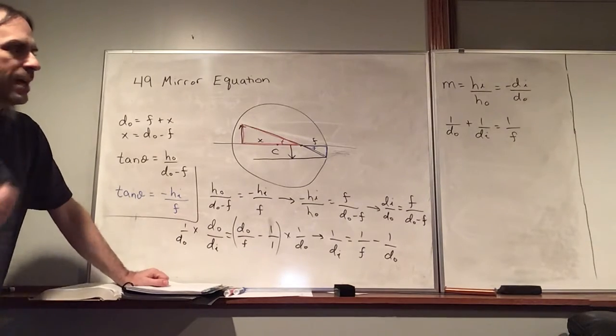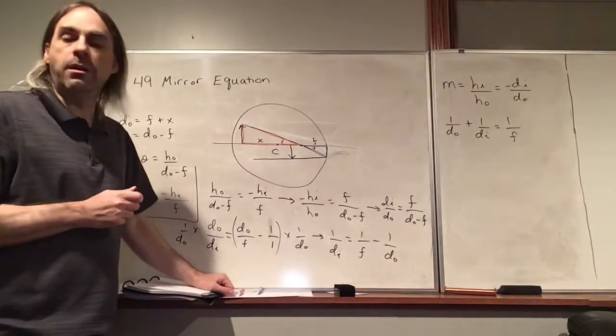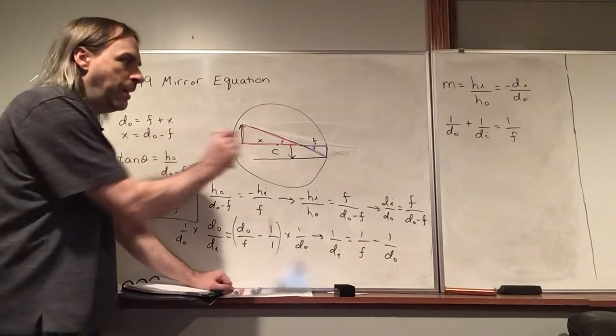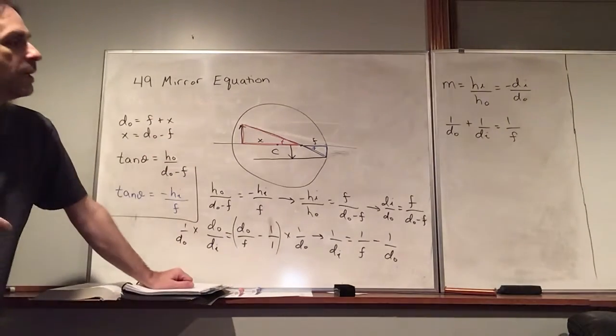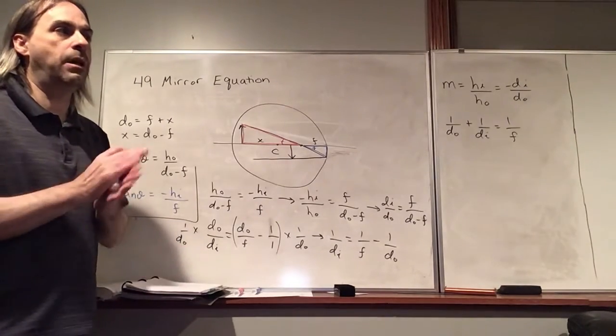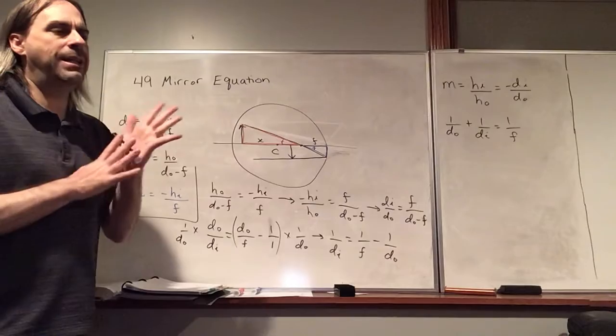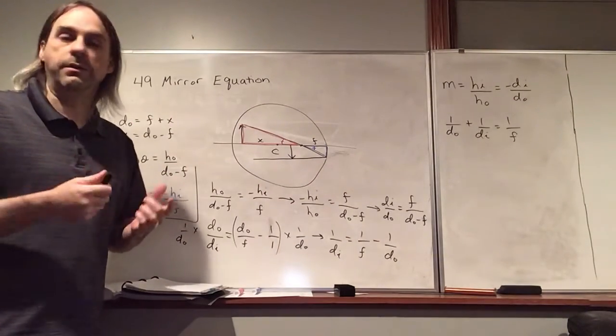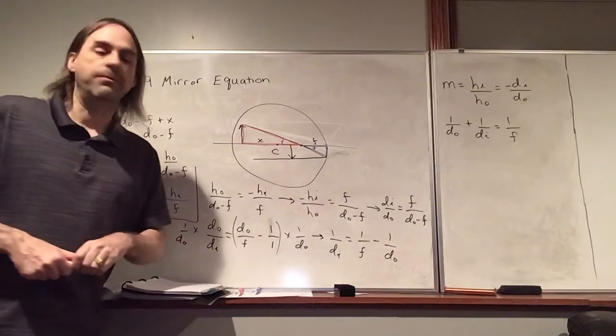And so we could derive an equation for a convex mirror, but it turns out we like just having one equation. So I'm going to double check this on Canvas and make sure, but we should have a sign convention for lenses and for mirrors attached to the equation sheet.